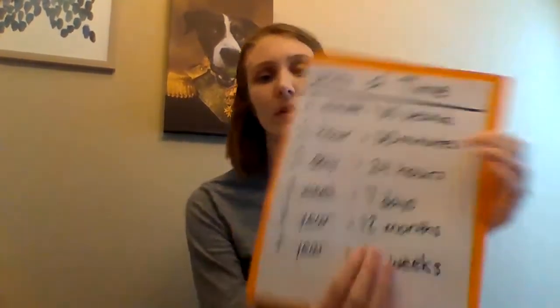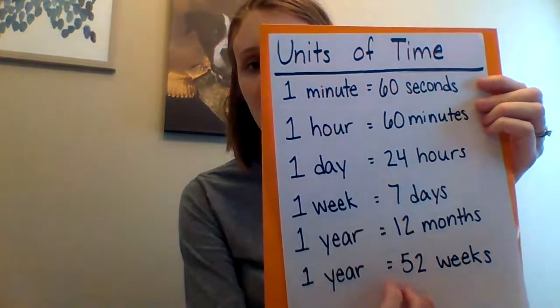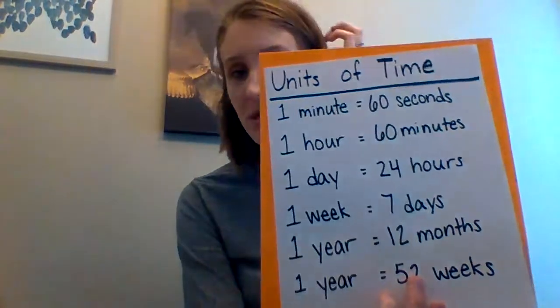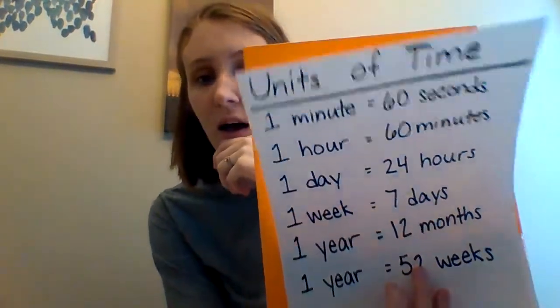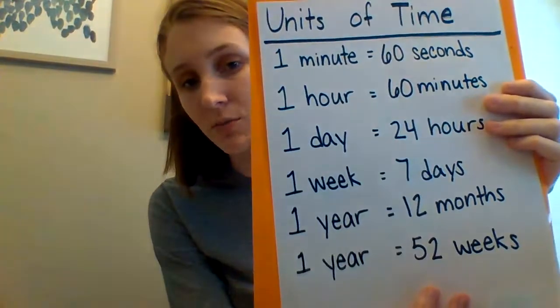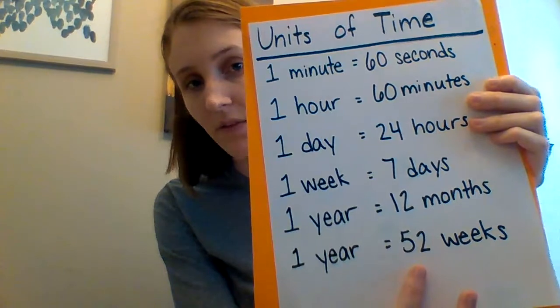So just as I gave yesterday, you'll have a chart on your Google form that tells you the basic conversions for all the units. The only one that should probably feel new to you is this last one here. 1 year is 52 weeks.